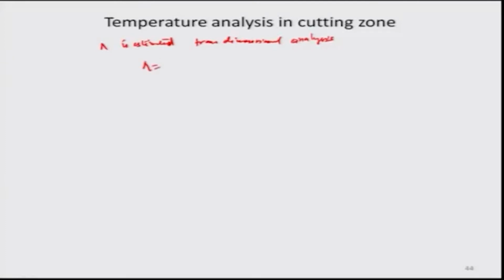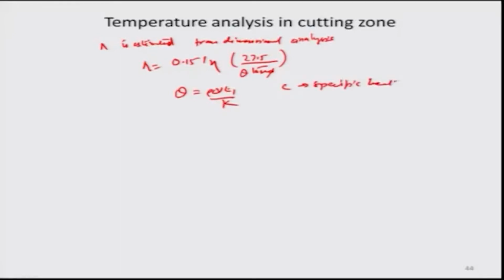So lambda can be estimated as 0.15 natural log of 27.5 divided by theta tan phi, where this parameter theta is a non-dimensional parameter which has been recorded as rho V C T1 by K. C is the specific heat capacity of the material, and K is obviously the thermal conductivity.